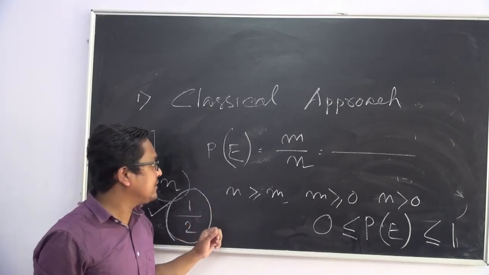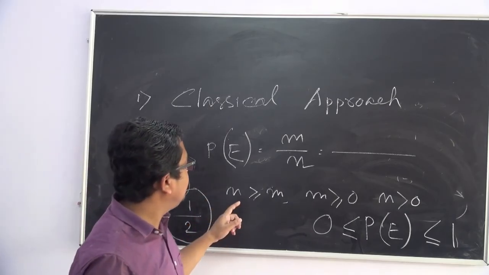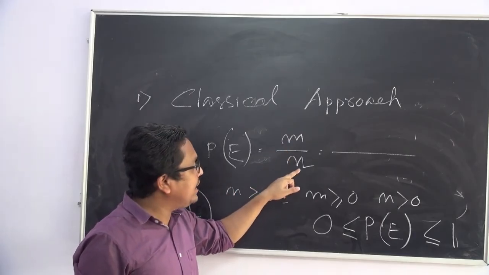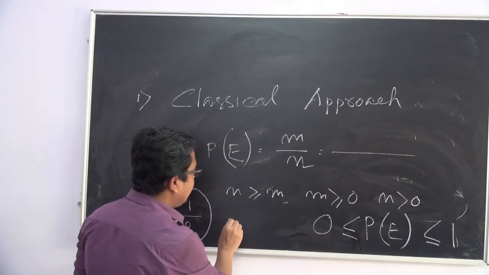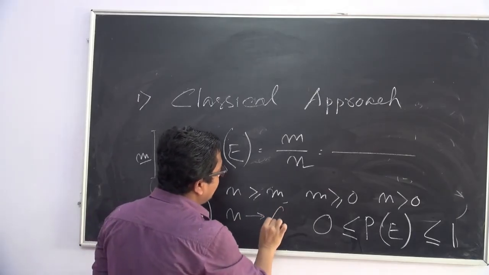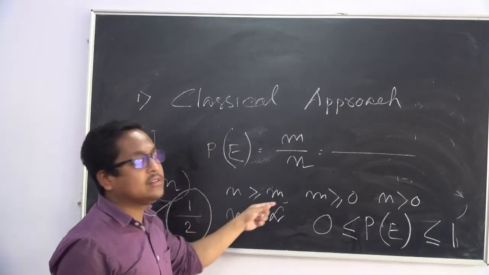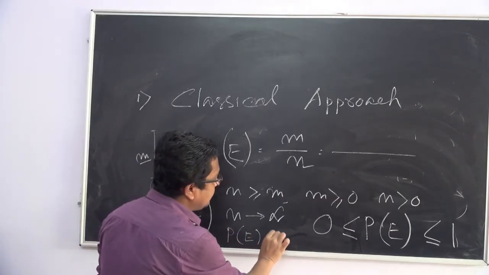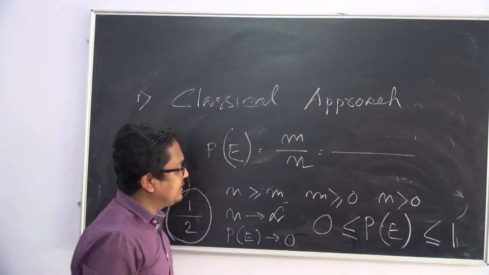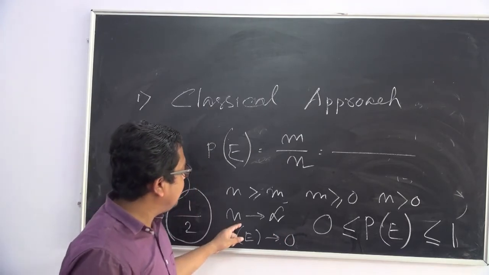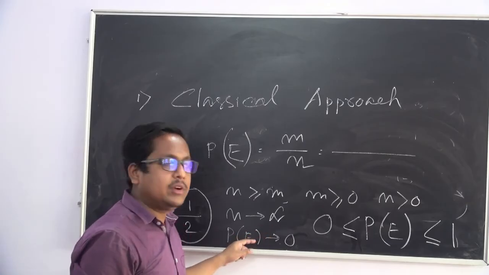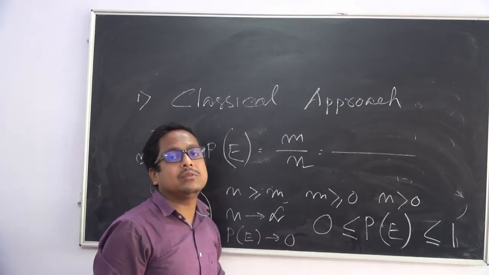Another demerit is, probability of E is equal to m by n. So if n tends to infinity, probability of E tends to 0. So see, whenever n becomes infinite, the probability of any event reduces to 0.